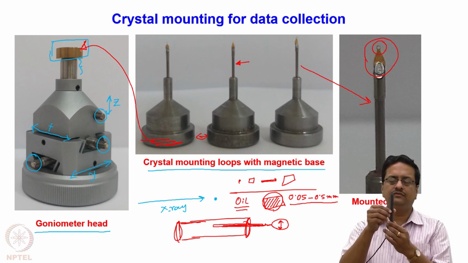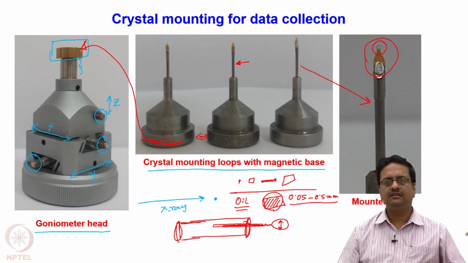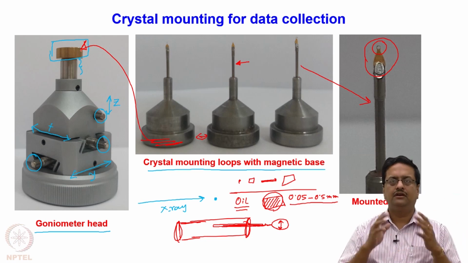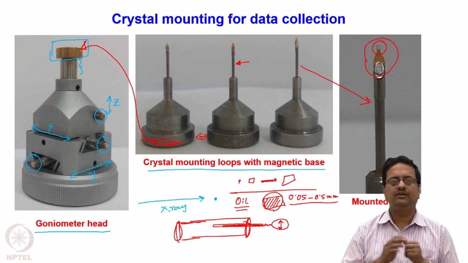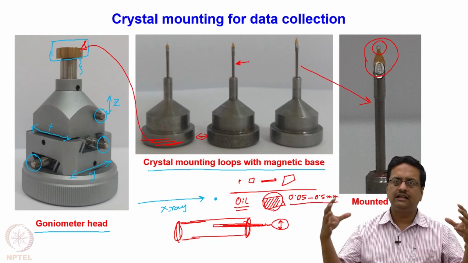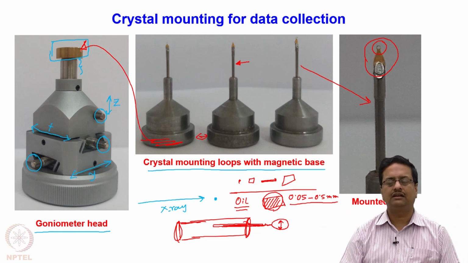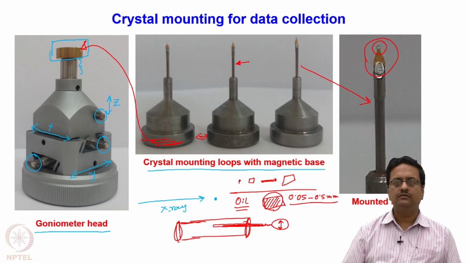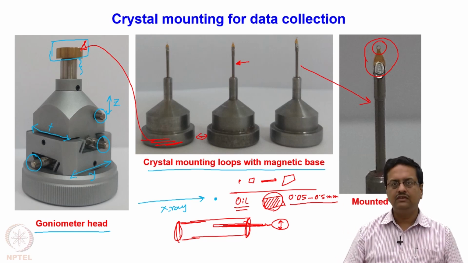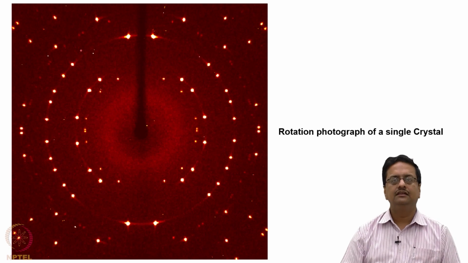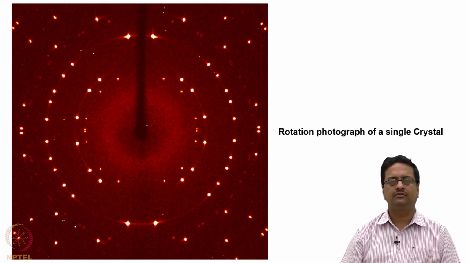So what we do is we rotate the crystal about 360 degree about phi by keeping the X-ray on for about 1 minute or 2 minutes, depending on the size of the crystal, and we keep on recording what all is getting diffracted from that particular crystal. This image that is recorded using a two-dimensional detector is called the rotation photograph.